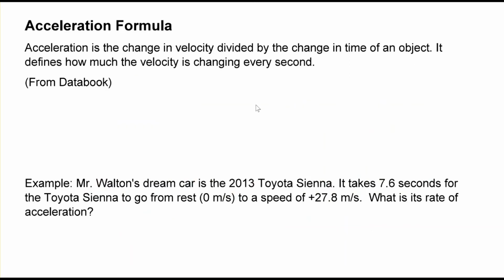Well, there is a very specific formula that we use, and if you check on page 5 in your data booklet, the formula that we use for acceleration is A with an arrow above it is VF minus VI over delta T, and the V's have arrows above them as well.